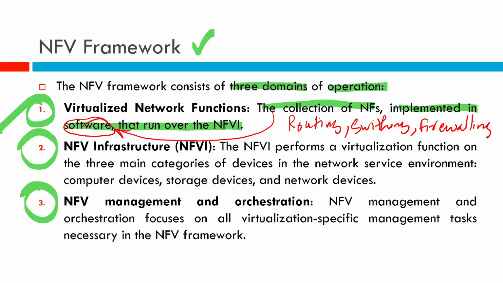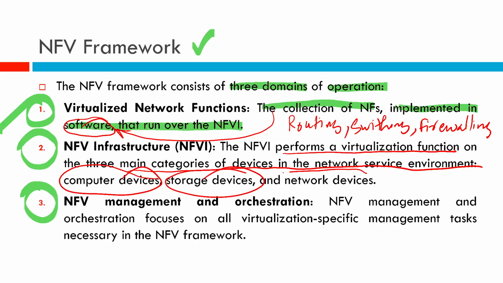And then the infrastructure performs a virtualization function on three main categories of devices in the network service environment, which are compute devices, storage devices, and network devices. And also management and orchestration: we put them together, monitor them, and make them work together.